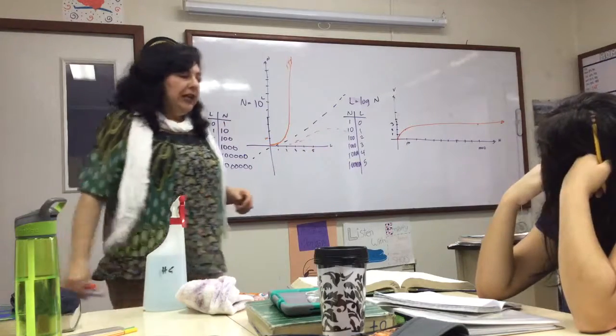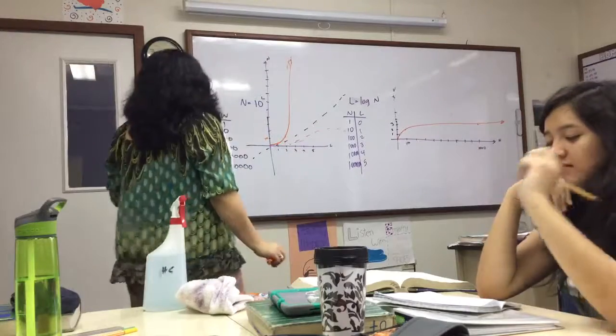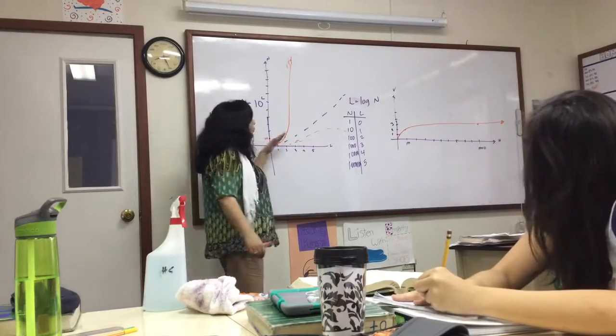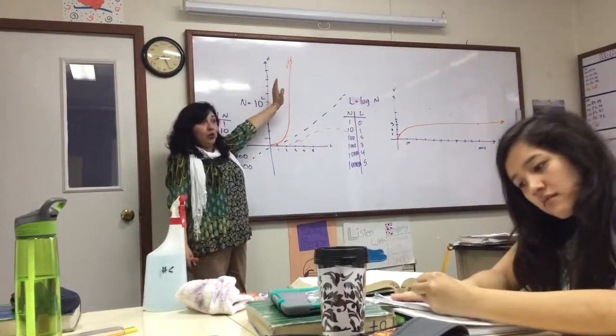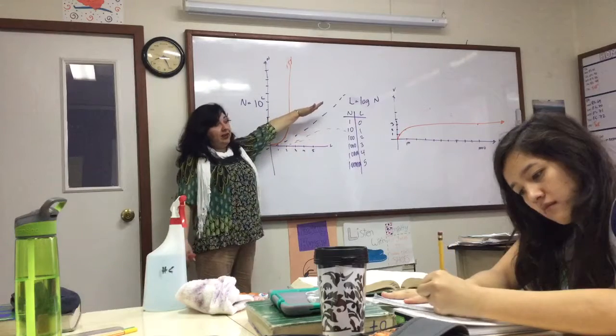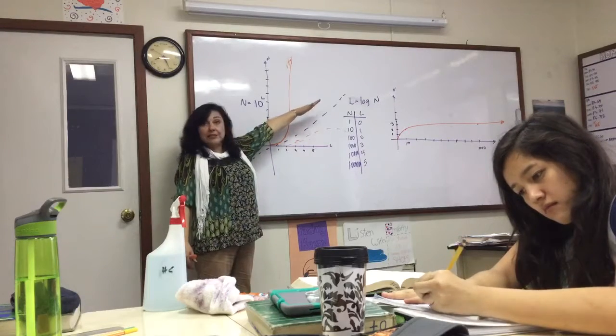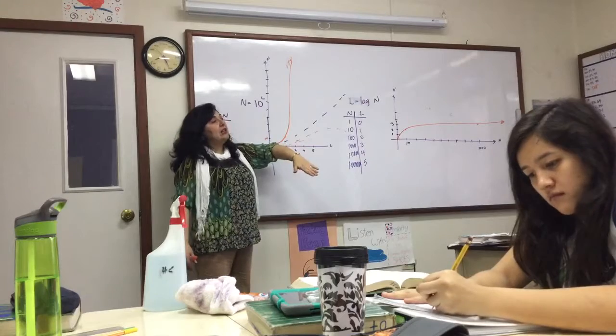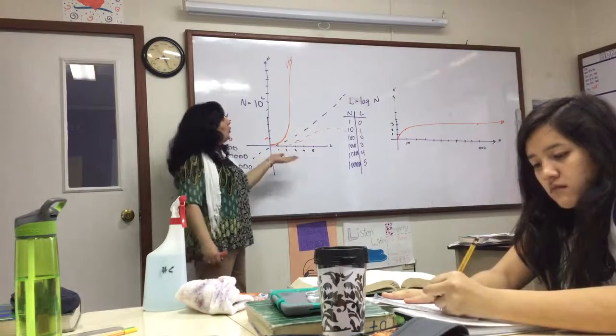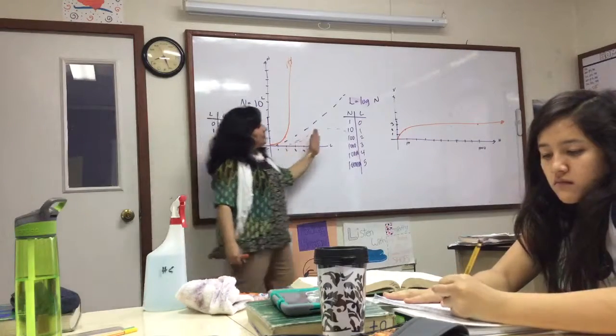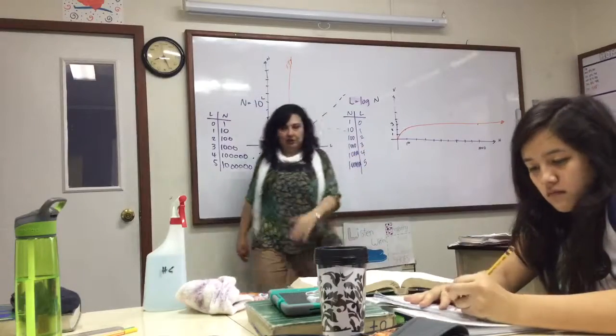So there are two ways to look at this. You can either draw the exponential equation and then the axis of symmetry and reflect it on the other side, or you already know that it is, so you just draw the reflection on the other side.